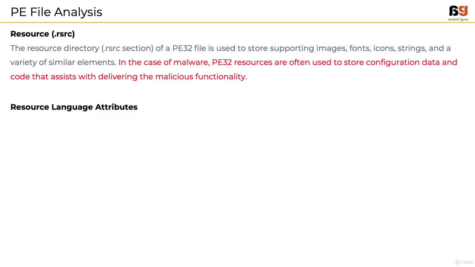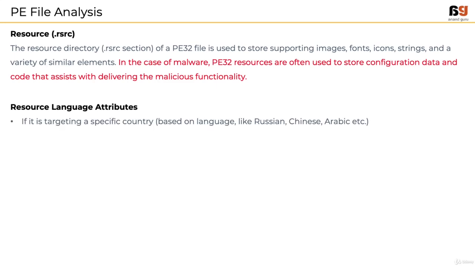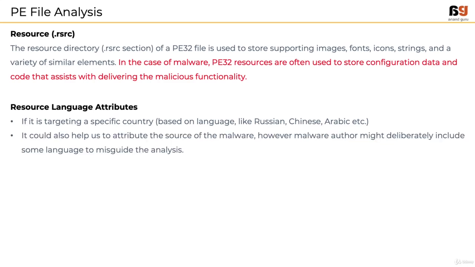Another aspect of resources is the language attribute, which will help us in understanding if the malware is targeting a specific country based on language, like Russian, Chinese, Arabic, etc. In some rare cases, it could help to attribute the source of malware, that is, identify who is behind the malware. But malware authors deliberately include different languages to misguide the analysis.